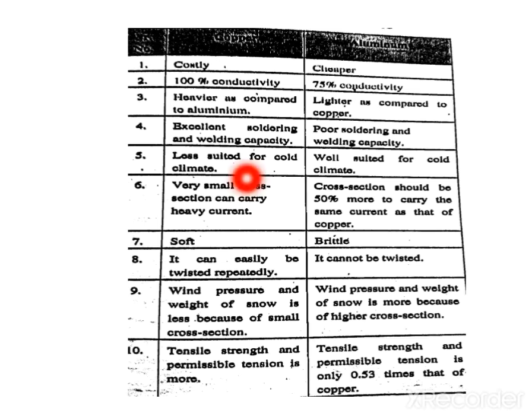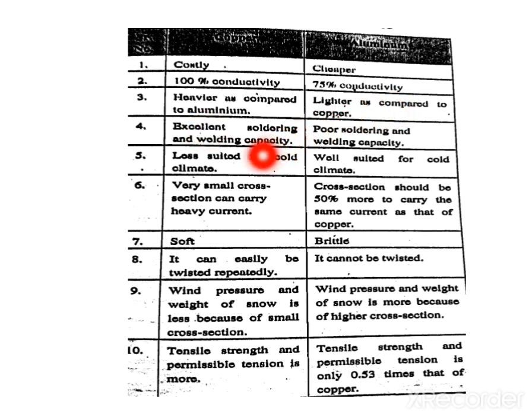Here we are discussing the comparison between copper and aluminum. Copper is costly as compared to aluminum because copper has high conductivity. The conductivity of copper is 100%, whereas the conductivity of aluminum is 75%. Copper is heavier than aluminum.